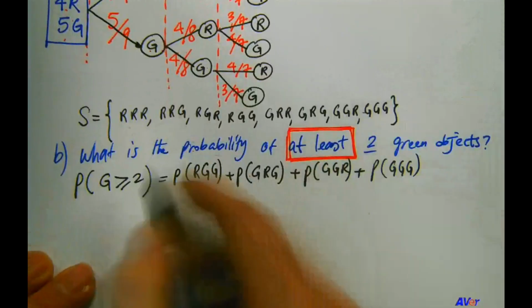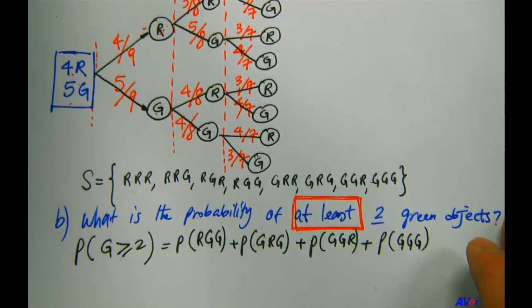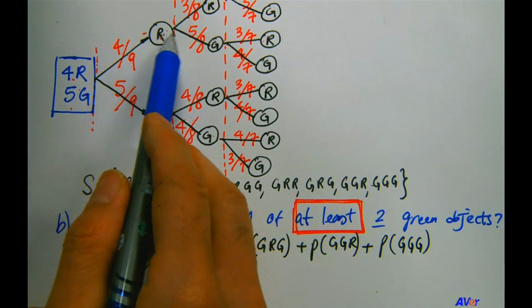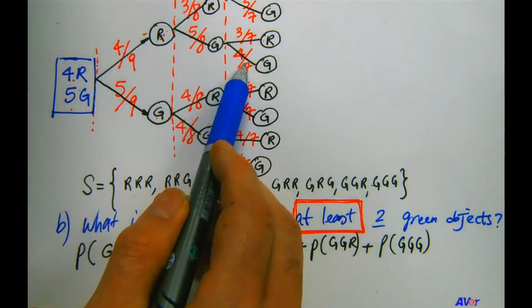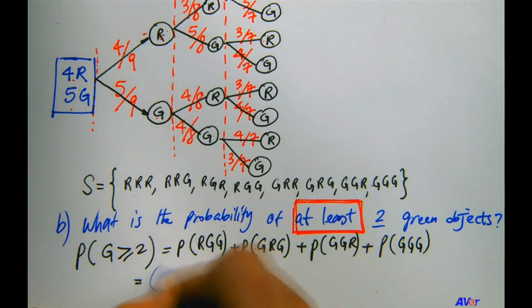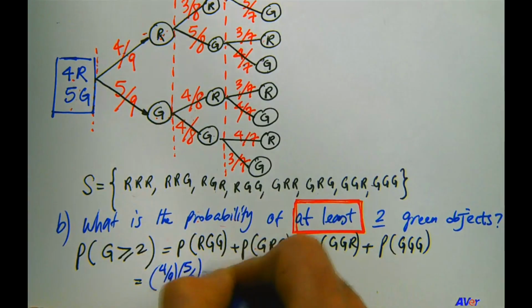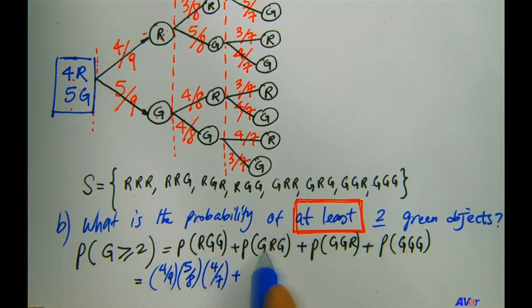Okay, so let's do that. I don't think I can keep everything on the screen, but let me try. Okay, that's as far as I can get it. So, for red, green, green, you can see it on the screen, 4/9 times 5/8 times 4/7. Okay, plus green, red, green.